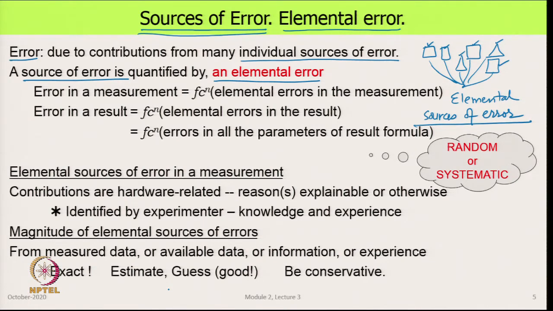So, here is how we will look at this problem: the error in a measurement is a function of elemental errors in the measurement. What that function is, we will learn about it. And the error in the result is a function of the elemental errors in the result, just like the measurement, or alternately we can look at it also as a function of errors in all the individual parameters of the result formula.